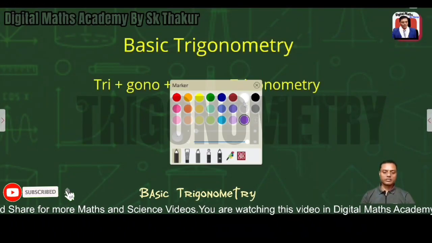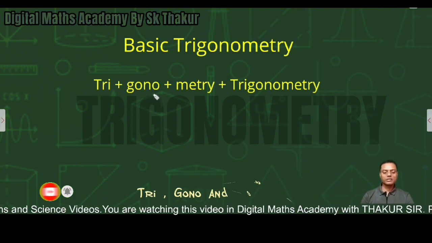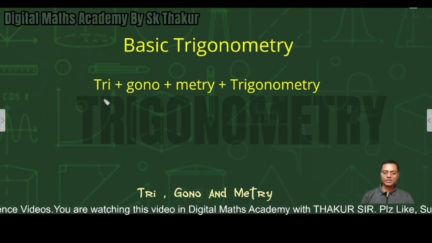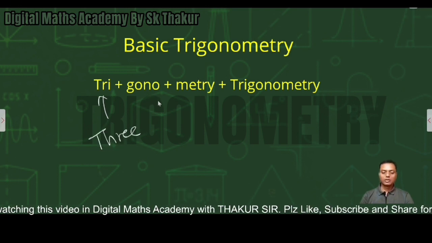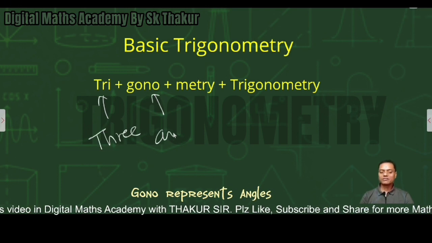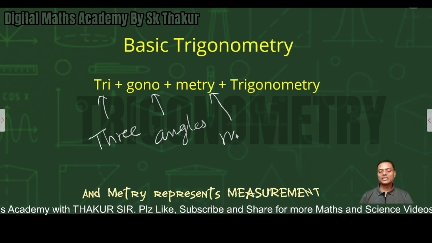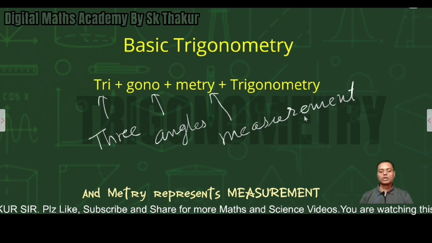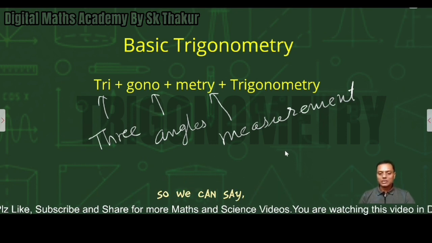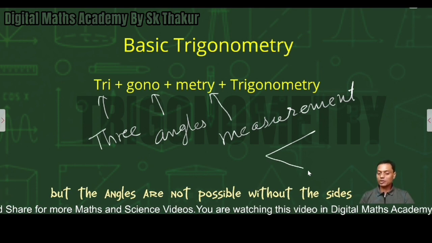Basic trigonometry. Trigonometry is a combination of the three words tri, gono and metry. Tri indicates three, gono represents angles and metry represents measurement. So you can say the measurement of three angles, but the angles are not possible without the sides.